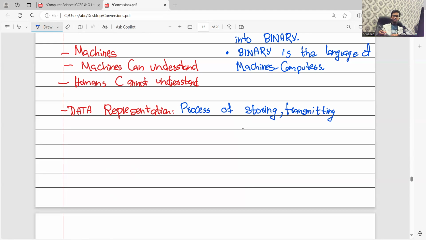Transmitting means that you are sending one file to another one. So data representation means basically the conversions, right? For example, if it is a computer system, it has to be in binary.